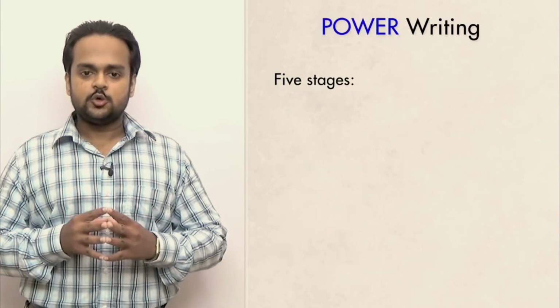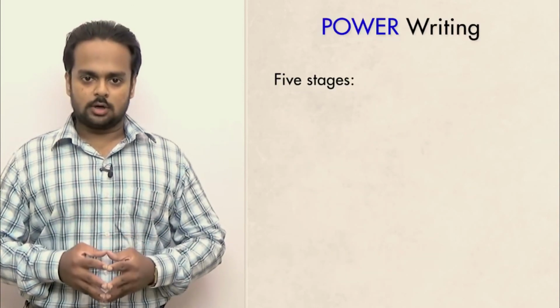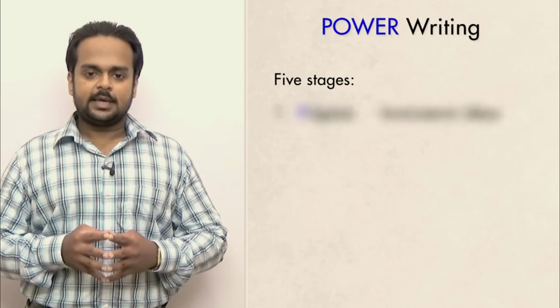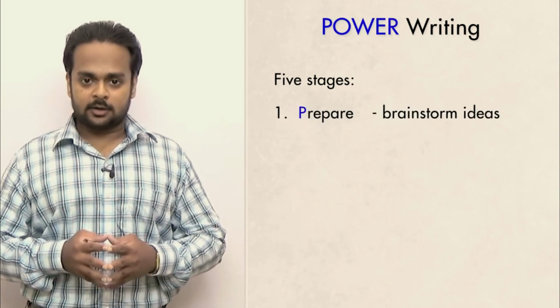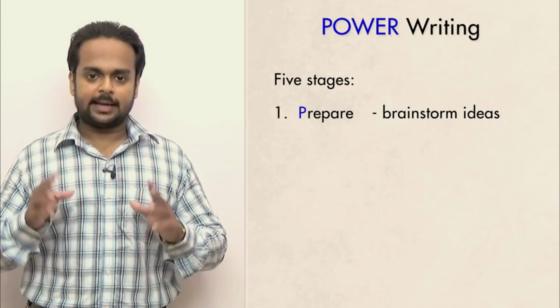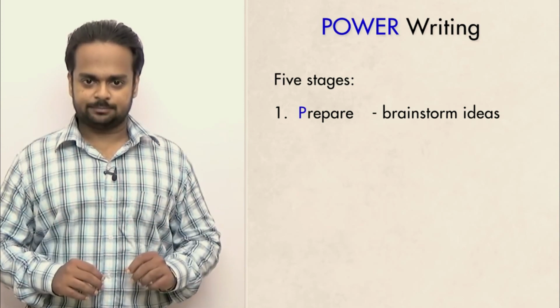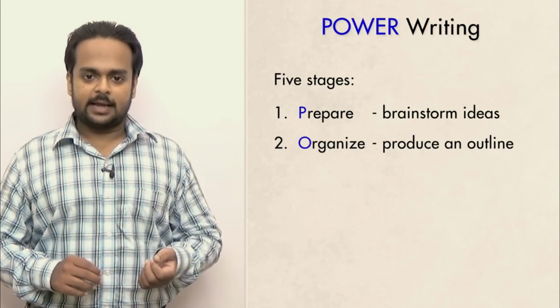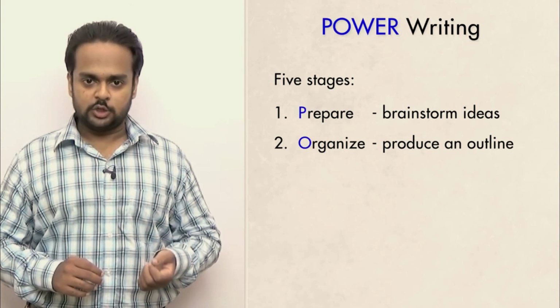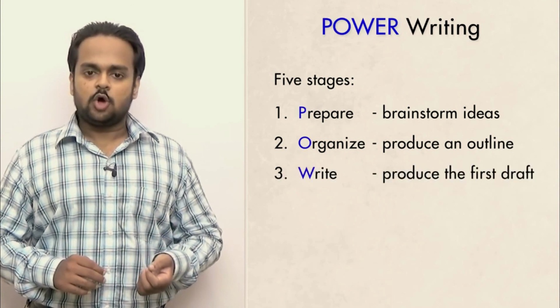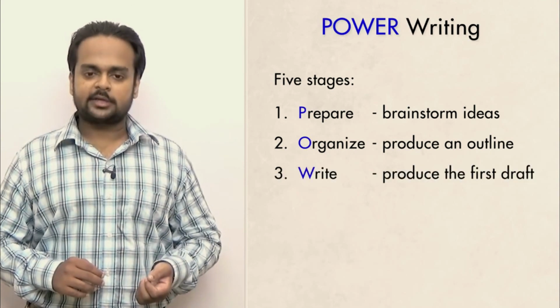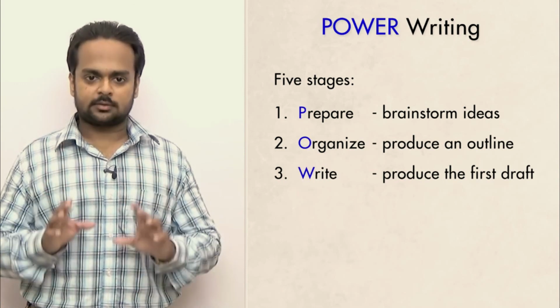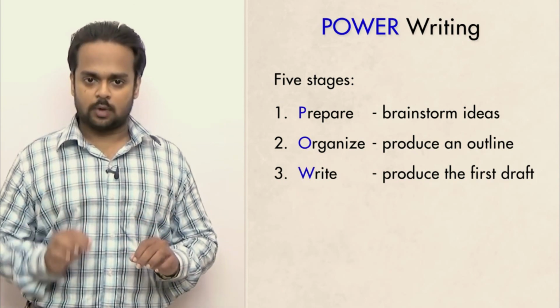Alright, let's do a quick recap of what we've learned in this lesson. You begin the writing process with the prepare stage. This is where you collect or brainstorm ideas. You then organize your ideas into an outline that you can use to write. Then you go on to the write stage, where you expand your outline into full sentences and produce your first draft.